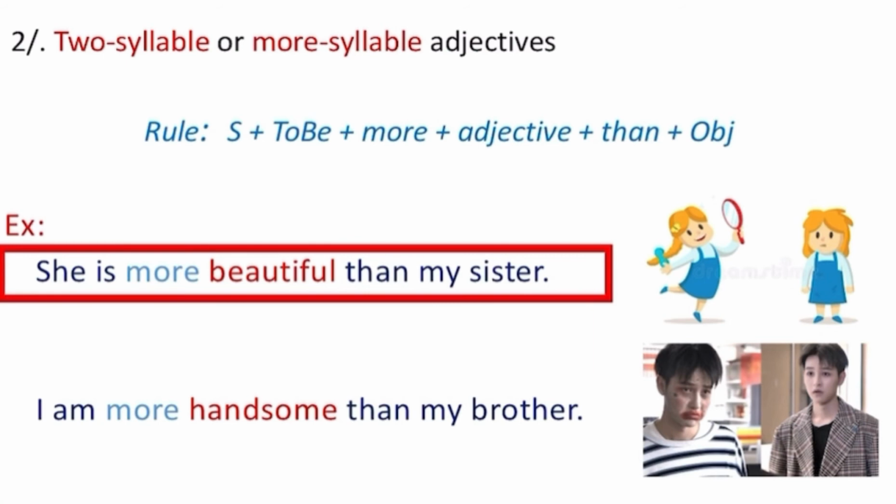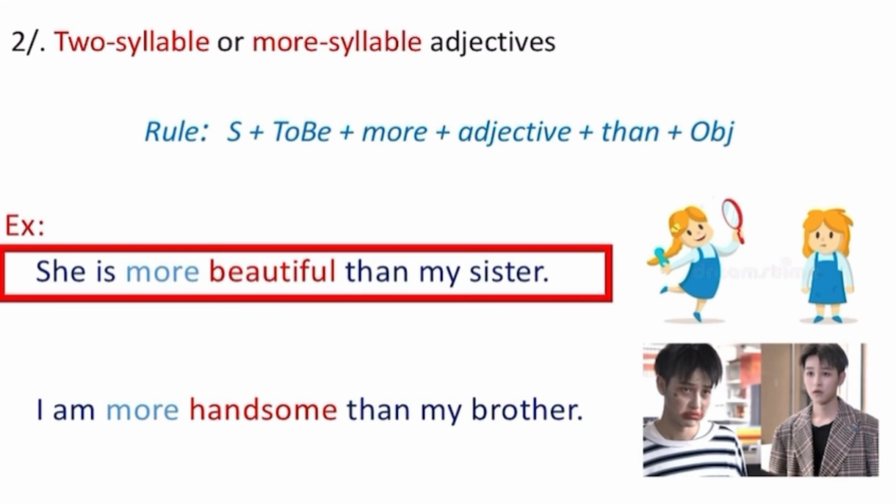So we have the word beautiful as the adjective that we use to compare here in the sentence. Look at the word beautiful. Beautiful is an adjective that has more than two syllables, and it doesn't end with y, and before y is a consonant.